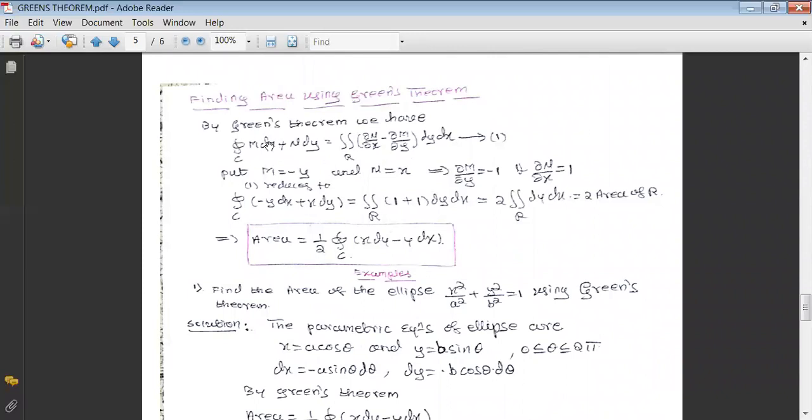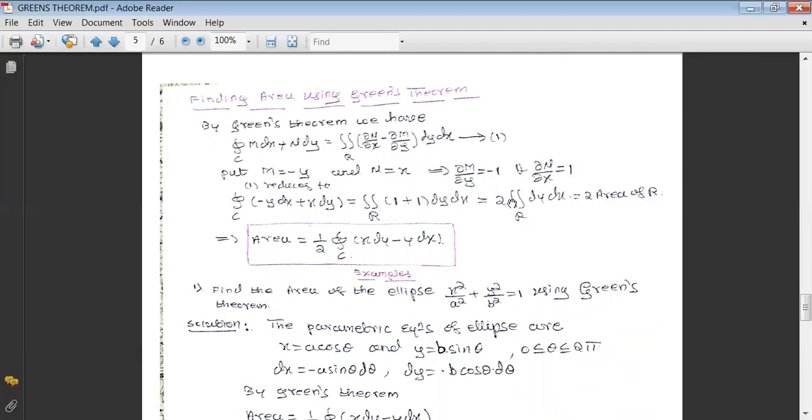By Green's theorem, we have the statement like this. Wherever M is there, let us take minus y. Wherever N is there, let us take x. Partial derivative of M with respect to y gives minus 1, and partial derivative of N with respect to x is 1. Therefore, the integral over the closed curve C, where M is minus y and N is x, that is minus y dx plus x dy, equals the double integral over R of, this difference becomes 1, minus of minus becomes plus, dy dx.